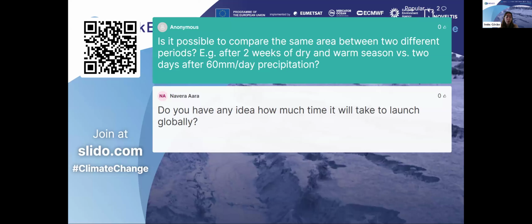So you of course can compare it, but you will be using time fixed information. So for that year. So if you compute LCZs for different years, you could then make different comparisons. But in this case, it's a yearly timed fix, let's say. I don't know, Anna, if you want to add anything to this. Feel free.